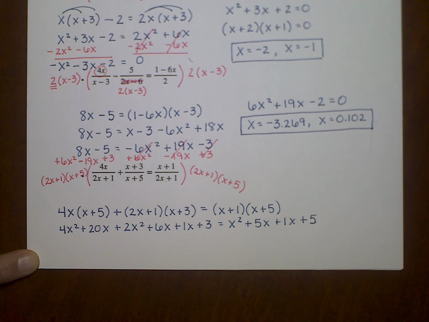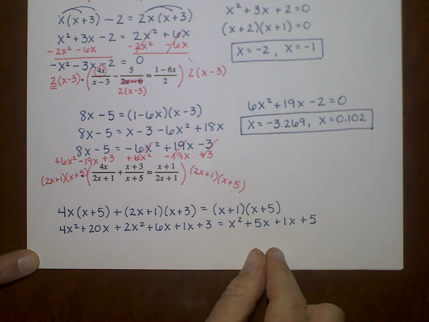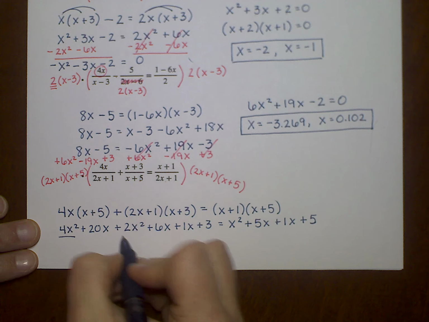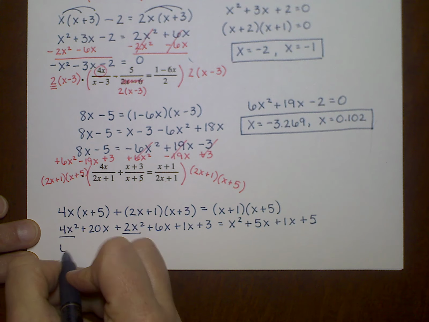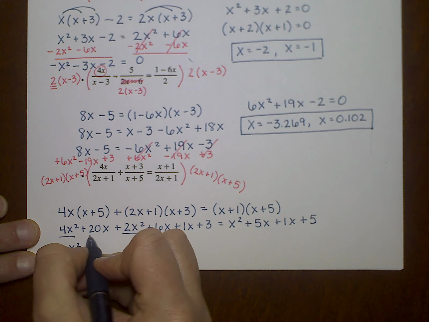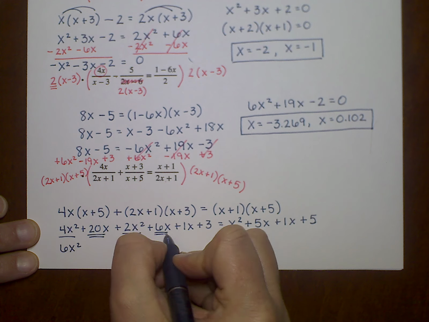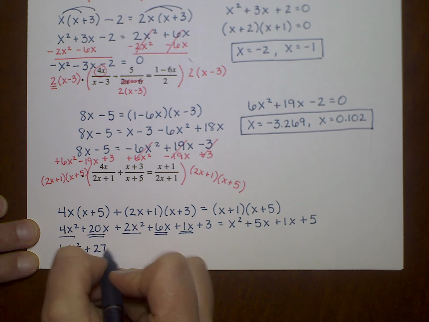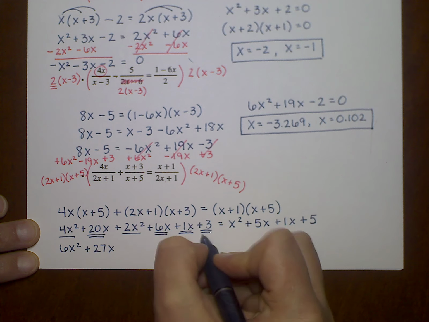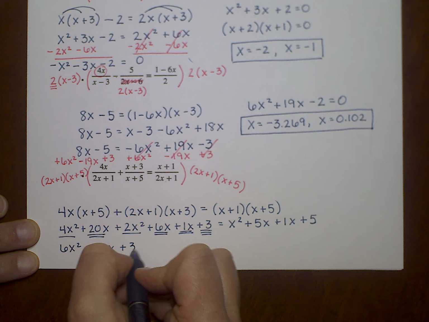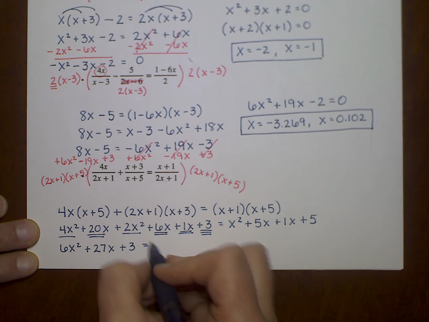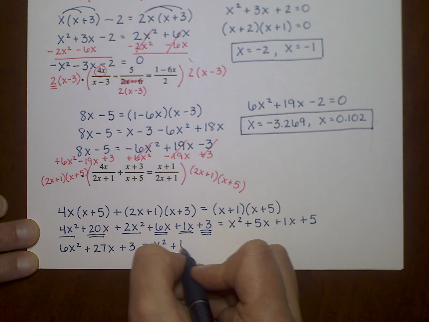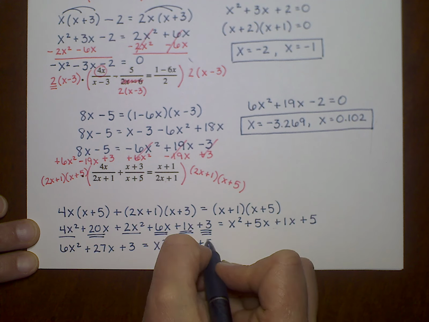Okay, let's smash together everything on the left and everything on the right first, and then I'll worry about getting everything to one side. So 4x squared plus 2x squared, that's giving me 6x squared. 20x plus 6x plus 1x is 27x. And then I have a plus 3 equals, over here on this side, I have an x squared plus 6x plus 5.